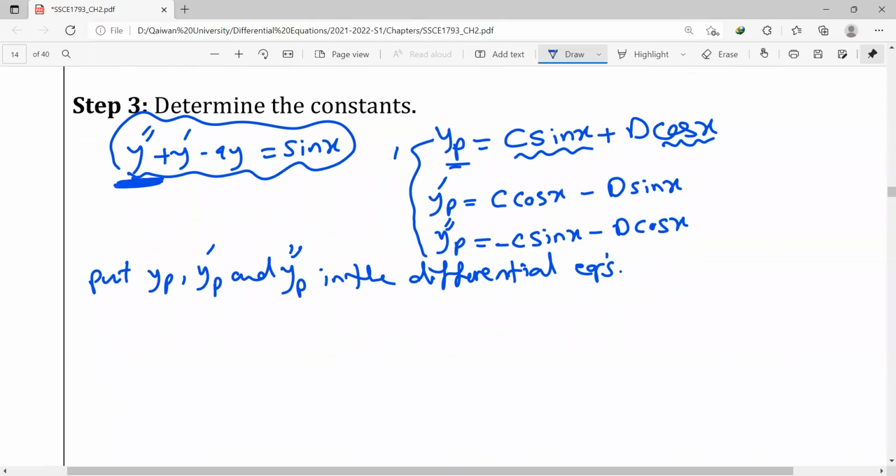Here we have y double prime, so it becomes minus C sine x minus D cosine x, then plus y prime. Y prime is C cosine minus D sine.